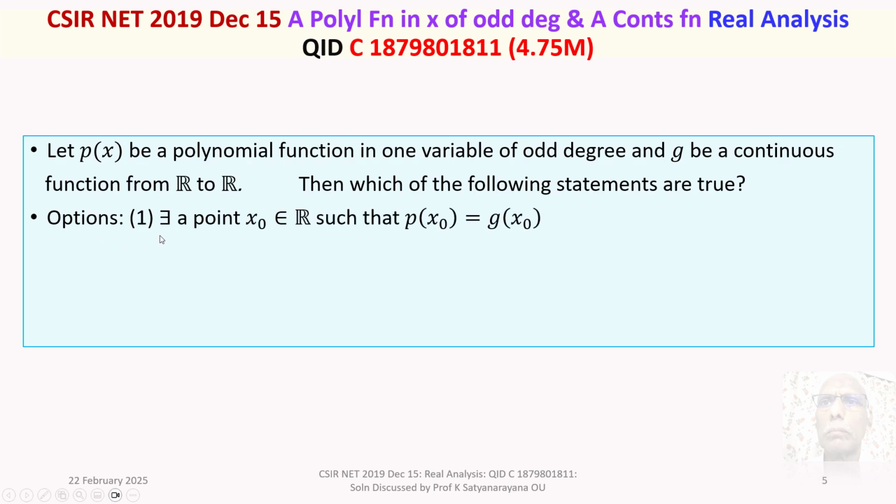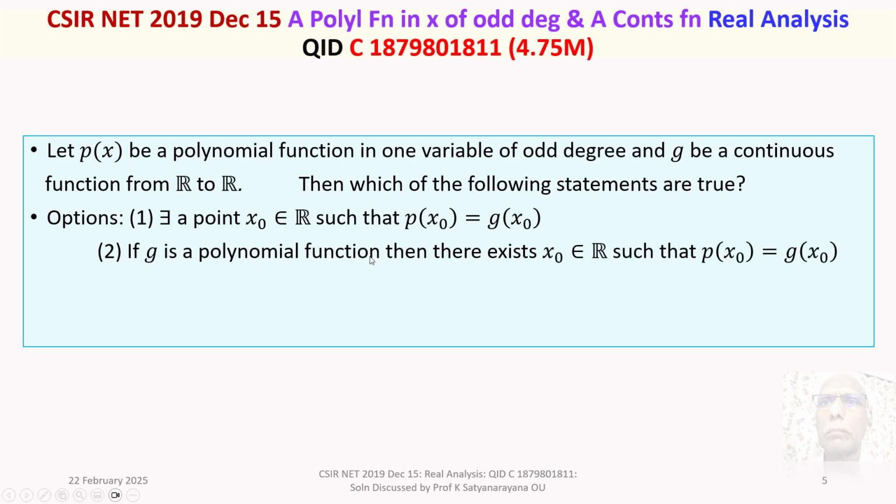Option 1. There exists a point x0 belongs to R such that p of x0 is equal to g of x0. Option 2. If g is a polynomial function, then there exists an x0 belongs to R such that p of x0 is equal to g of x0.